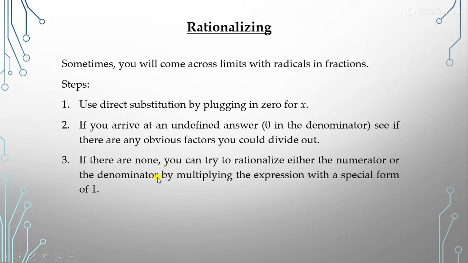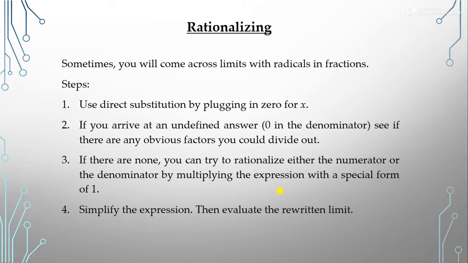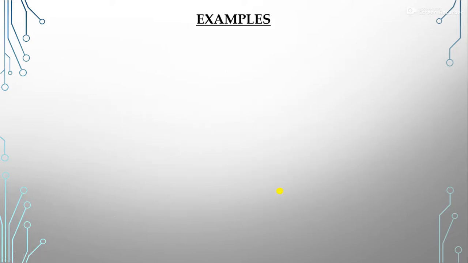So in that case you have to use rationalization. You rationalize either the numerator or denominator by multiplying the expression with a special form of 1. Then simplify the expression and evaluate the limit.